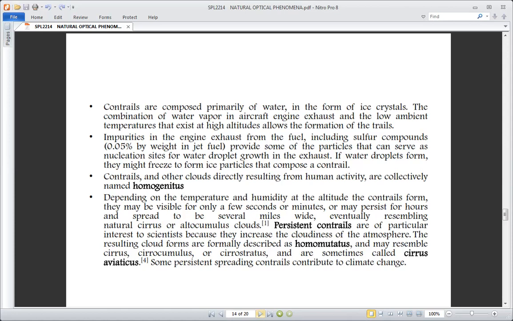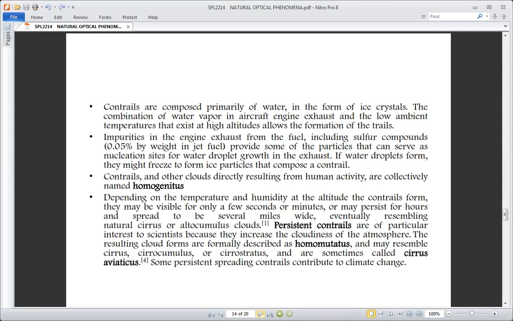It means the temperature difference or the humidity level up there is so high. There's a lot of moisture up there, and so the contrail lasts for a very long time. We see it as some white smoke, and that is also a natural optical phenomenon, because sometimes you see it as white, sometimes it is dark. We are going to look at all that.